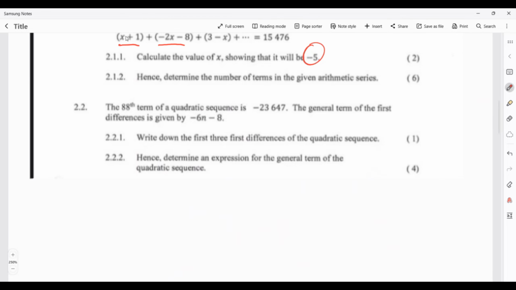When I substitute -5 in the place of x, I get -4, and then when I put -5 in the next one, I get 2. On the third term, I get an 8, and so on. Now I'm going to look for the common difference because they told me it is arithmetic. So my common difference is actually 6 and 6 when you subtract.